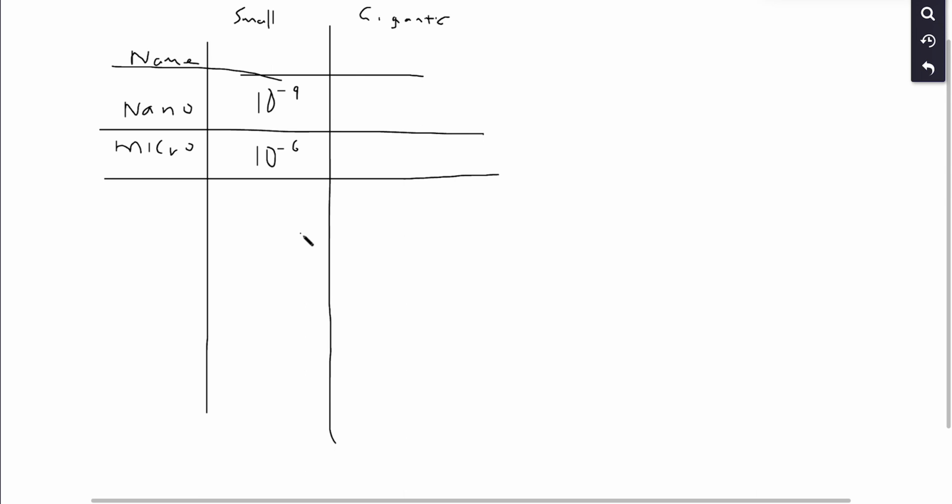And then from micro, we can talk about milli, and that'll be 10 to the negative 3. And then we can go to centi, which would be 10 to the negative 2.